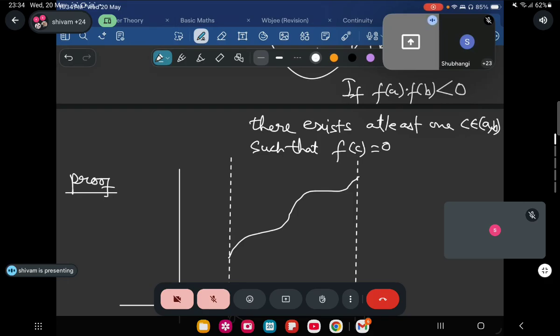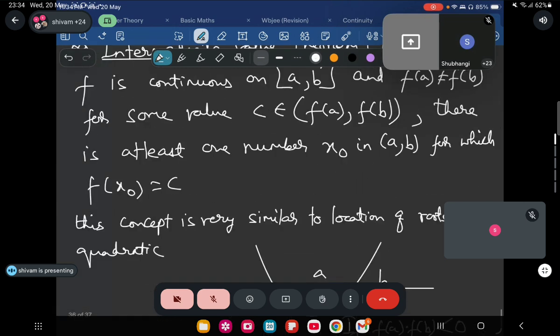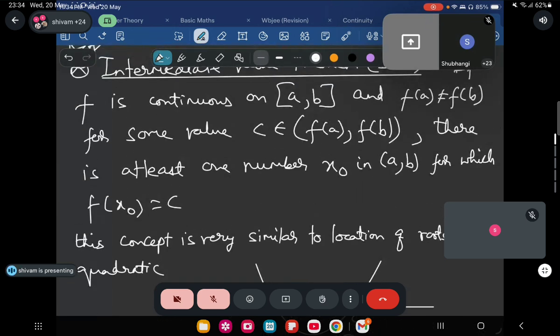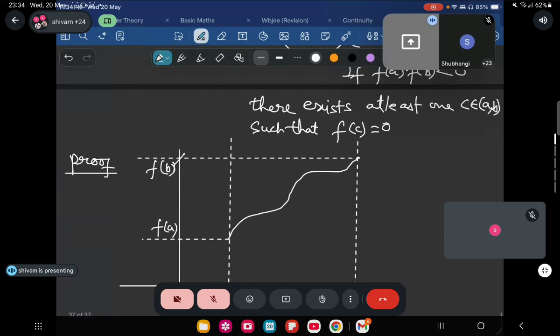So everyone, the corresponding value at A, this is f of A. The corresponding value at B, this is f of B. Now the theorem states that for some value c belonging to f of A and f of B, I want to find out a point between f of A and f of B on this continuous function.